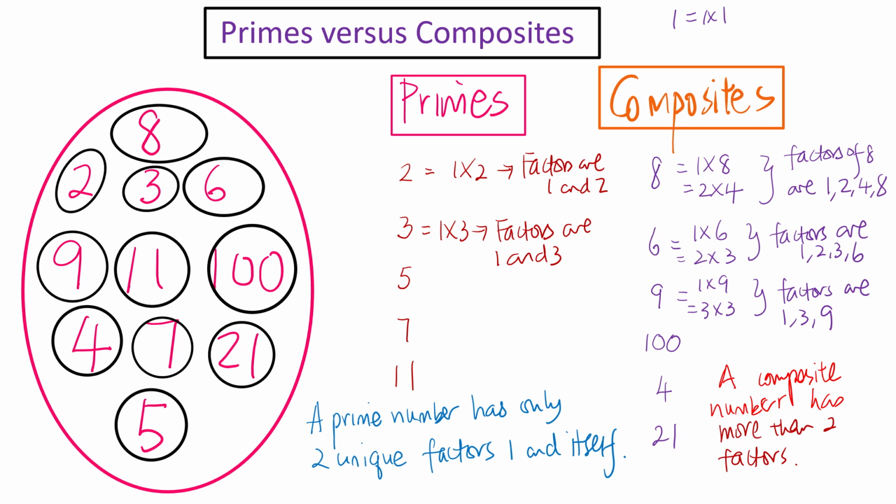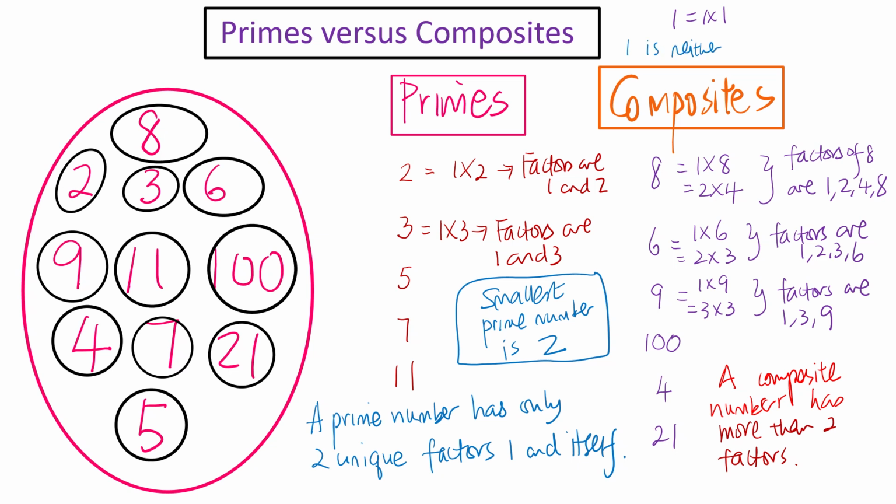That is 1, and it's also itself. So therefore, the smallest prime number is 2. 1 is neither a prime nor a composite.